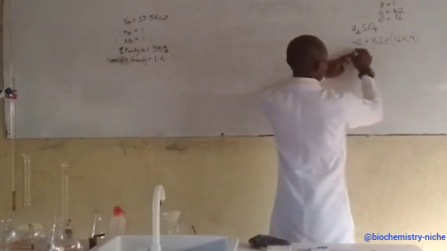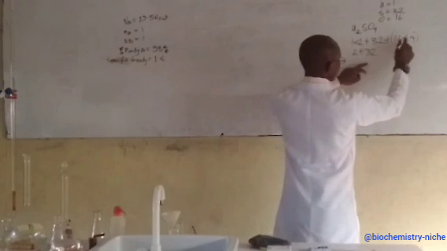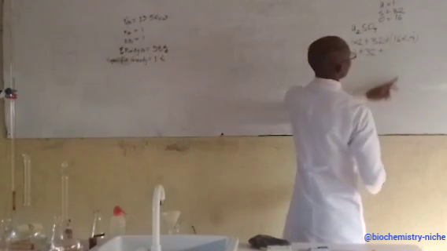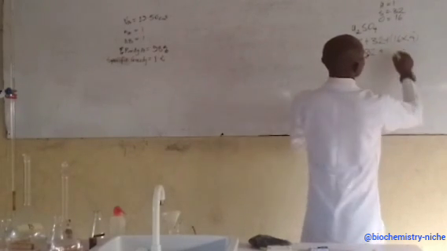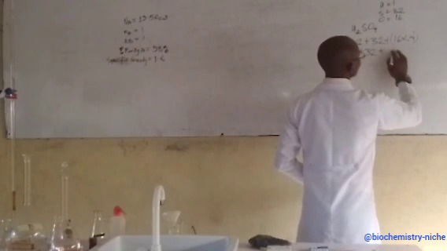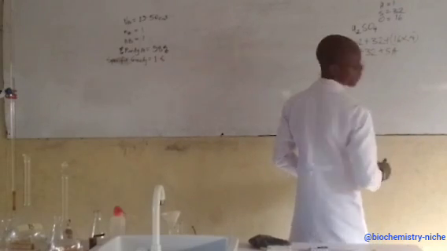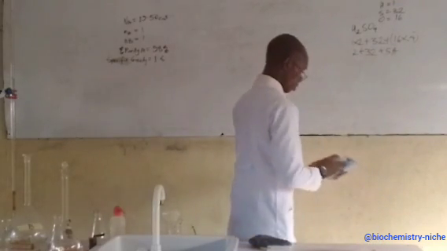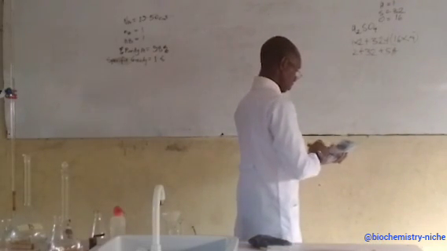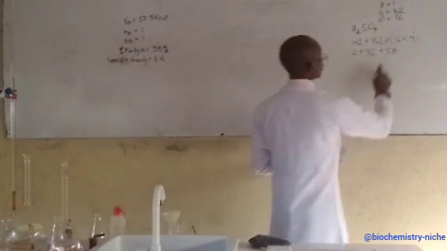So 1 times 2 is 2, plus 32, then 16 times 4 is going to give us 64.